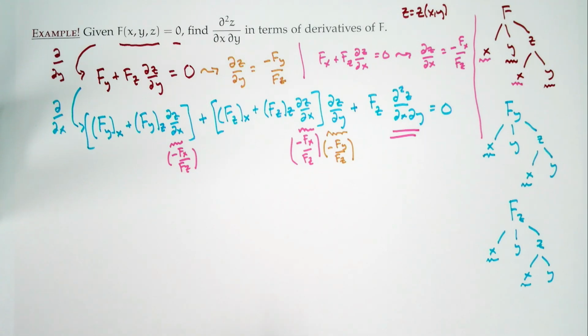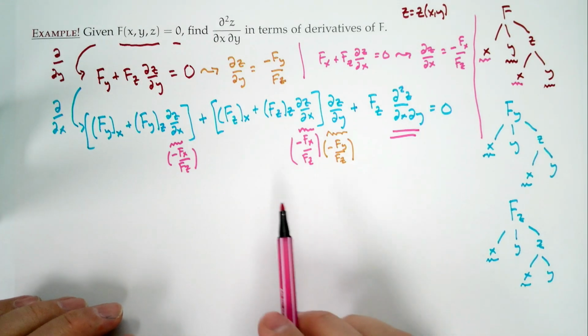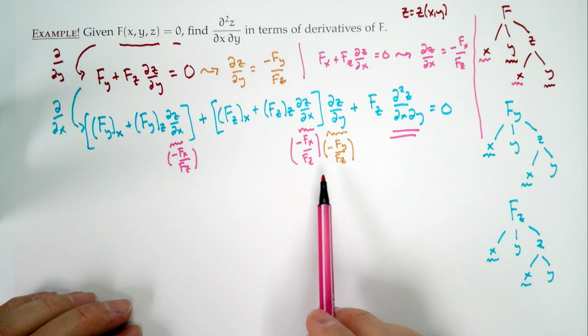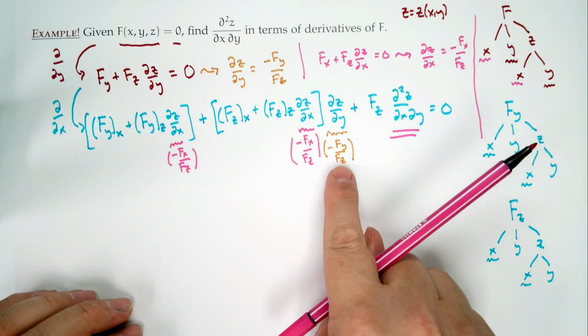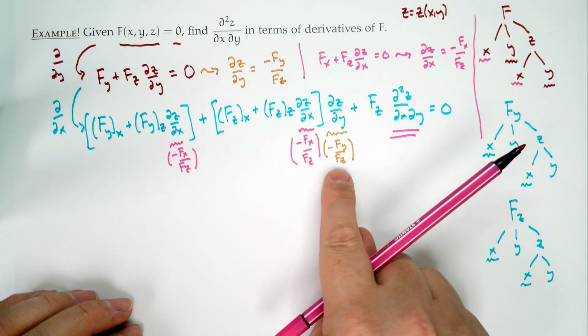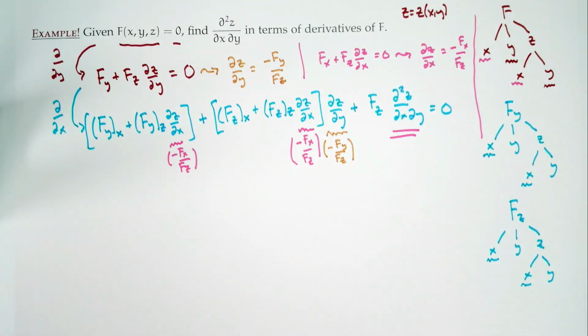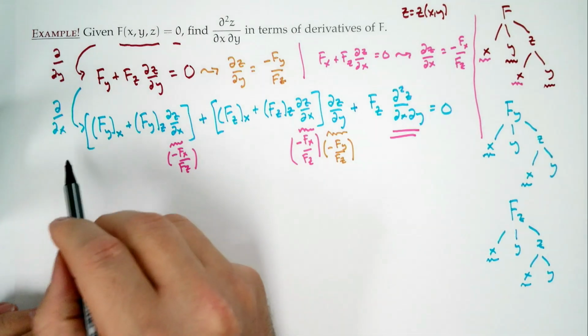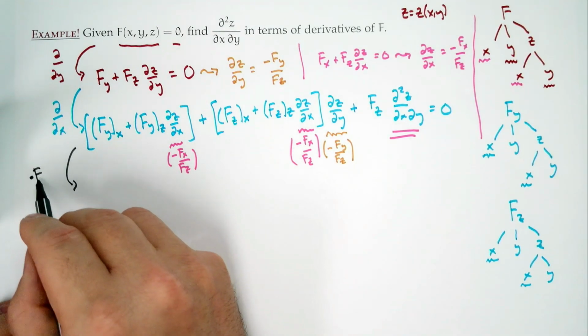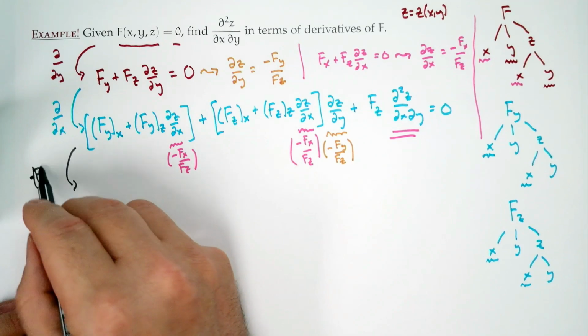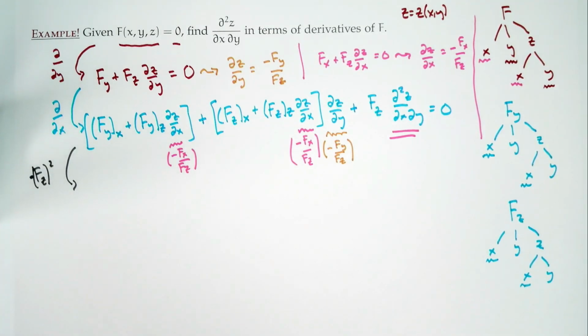Well, let's start by saying there's going to be some fractions here. So we're going to multiply both sides, everything, by f sub z squared. That will get rid of the fractions. Okay, so first step, let's multiply everything by f z squared.